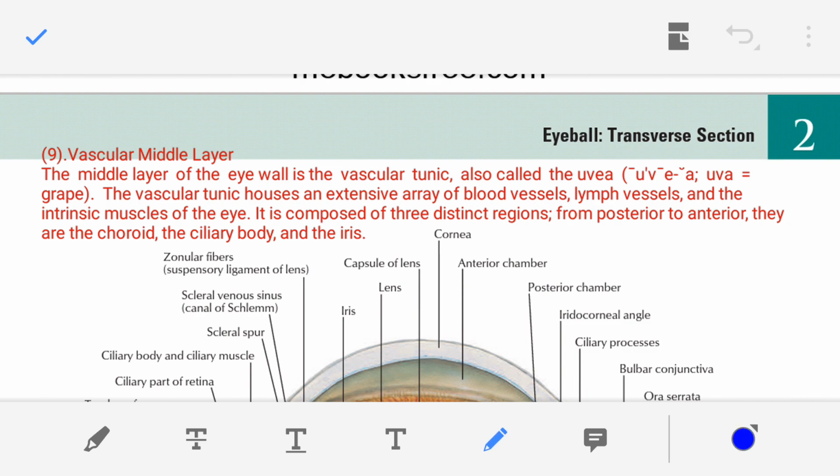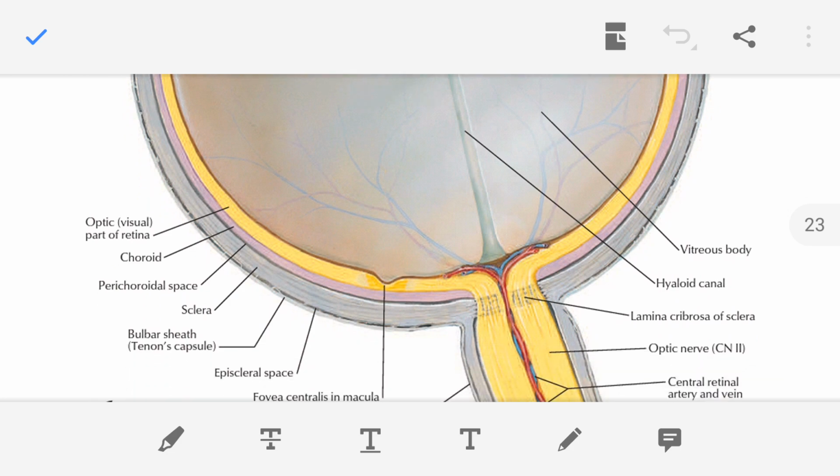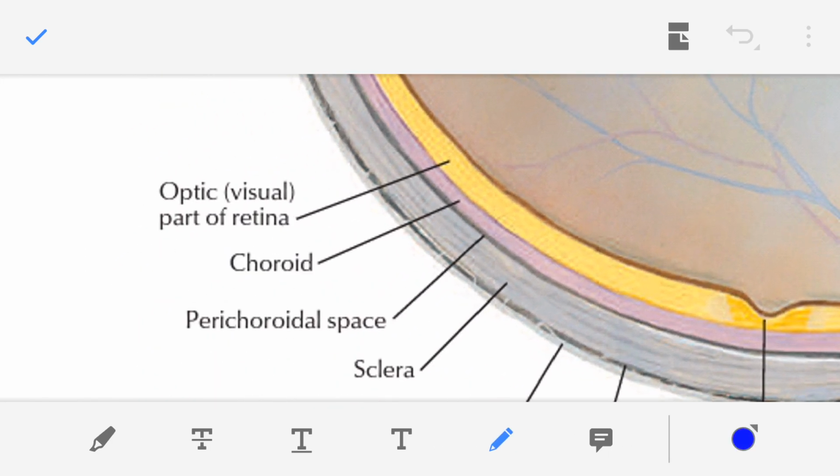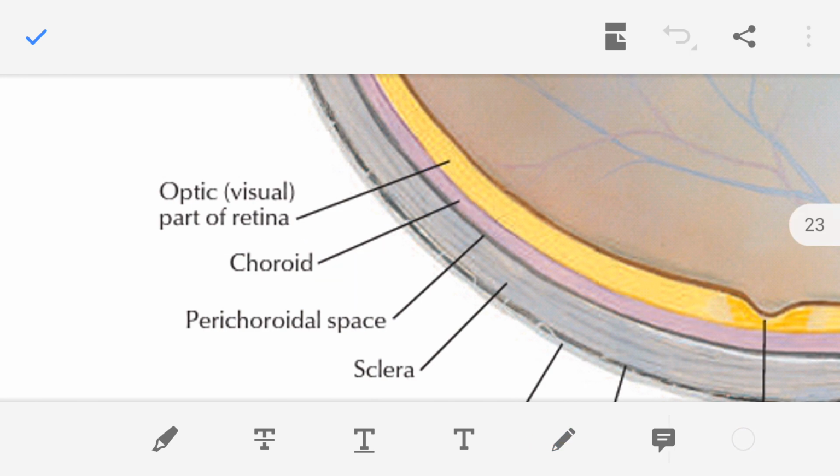The vascular middle layer, the vascular tunic, is composed of three distinct regions from posterior to anterior, from back to front. The first region is known as the choroid, the second region is the ciliary body, and the third is known as the iris. One by one I am showing. Here you can see the name. This is the choroid. This purple colored portion is the choroid.